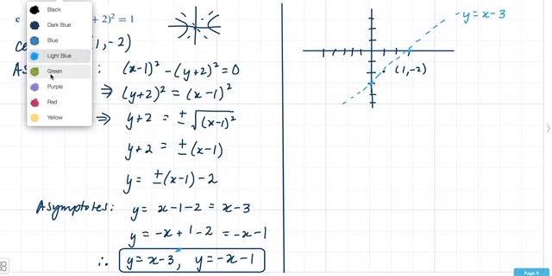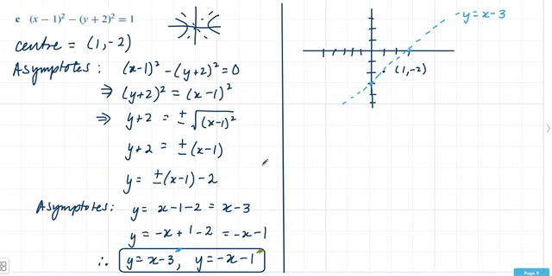The other asymptote, I'll do in green, has an intercept at -1. It's going this way. And when x is equal to -1, that would be +1 minus 1, that'd be 0. You've got an intercept there. For any straight line, you only need 2 points to join it up, and there's a unique straight line. So you only need the 2 intercepts to draw your line.